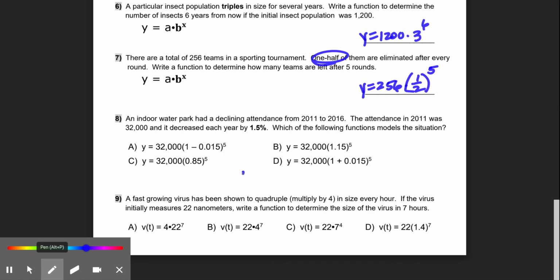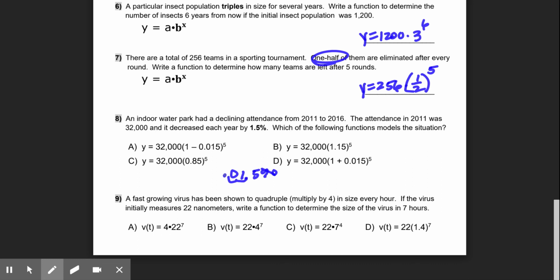So remember that 1.5%, drop the percent, move it 2 places to the left. So it's 0.015. And it's going to be raised to the 5th power because from 2011 to 2016 is 5 years.